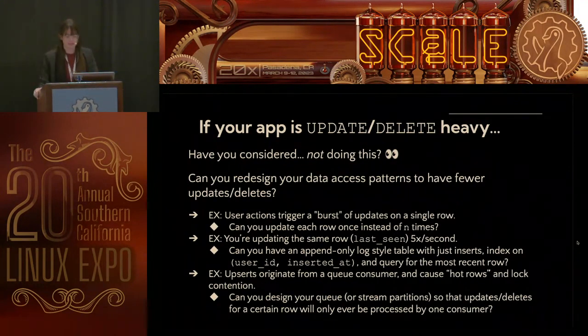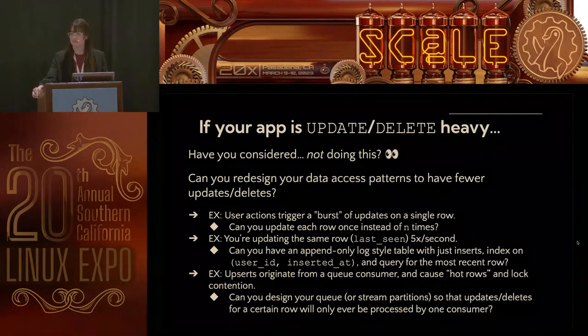Another anti-pattern I see leading to this is updating the same row, for example, last seen, many, many times. Reconsider whether it is appropriate to have an append-only log style table with just inserts, so you're not generating the same dead tuples.